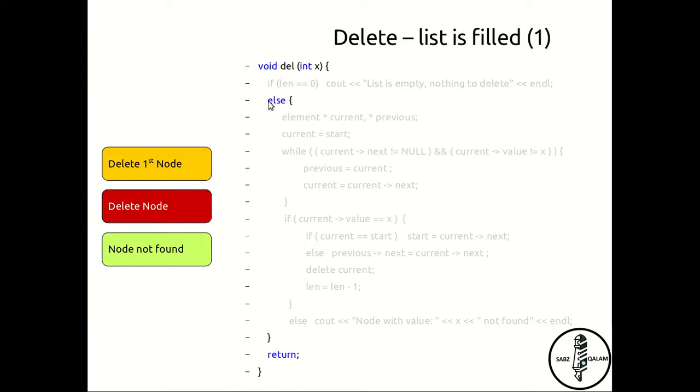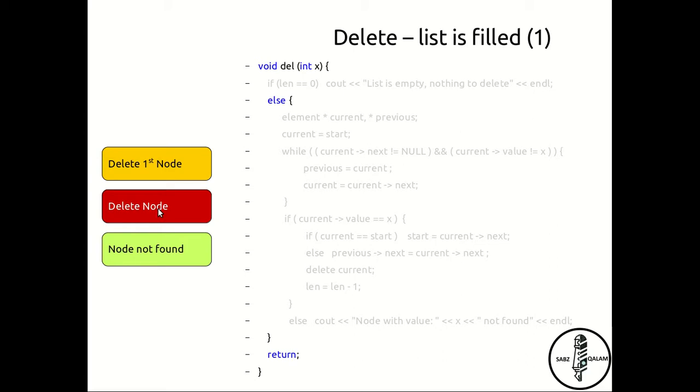Well, then the else block is invoked. And within the else block, we have to figure out how to delete the first node, delete any particular node, and what you do when you don't find any element or node with the value x.